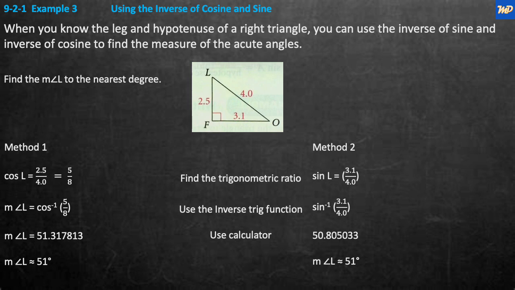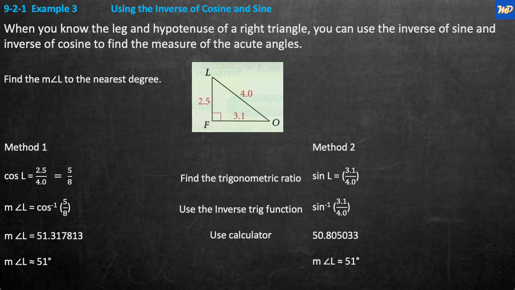We can probably use either of these. Does it say to use cosine or sine? It doesn't say which one we have to use in the problem. But we're going to do two different methods here. In fact, we're going to do them both ways.